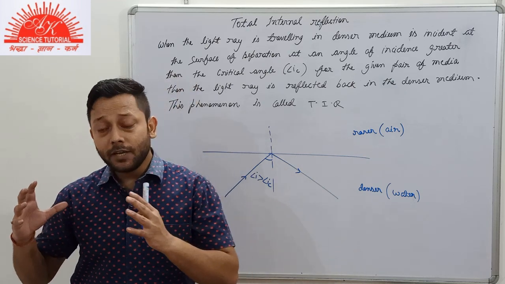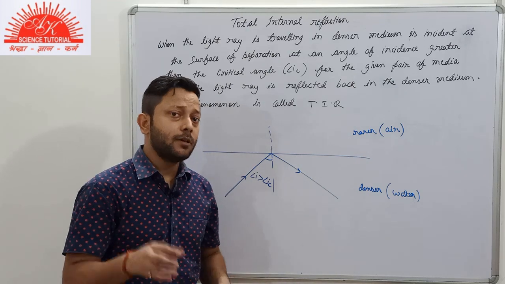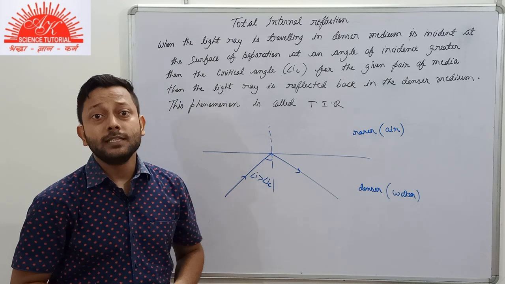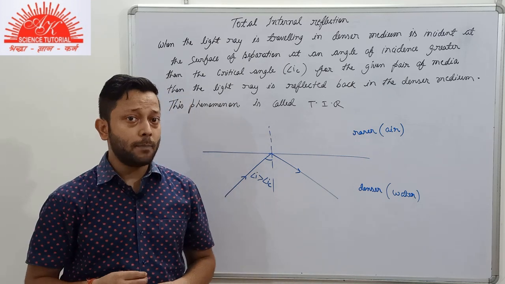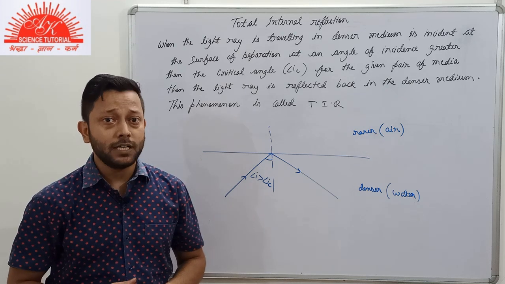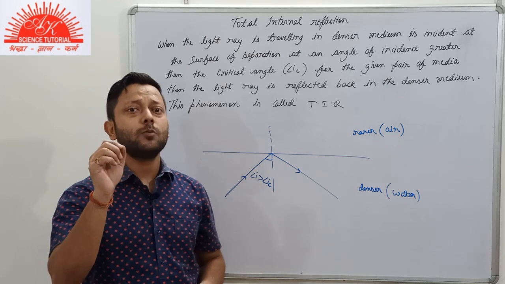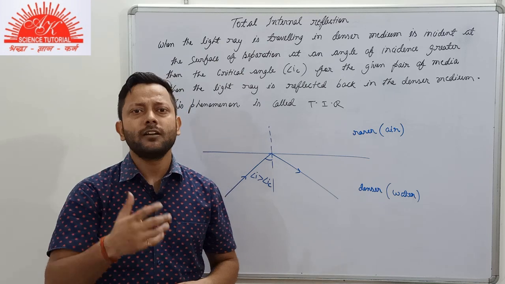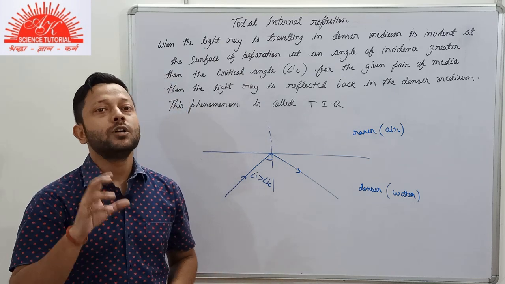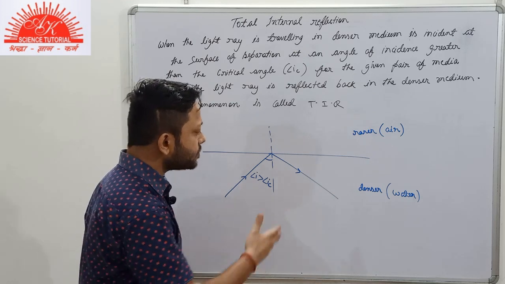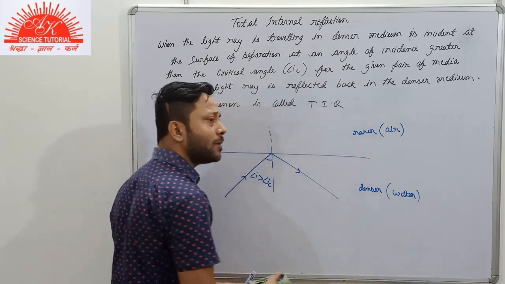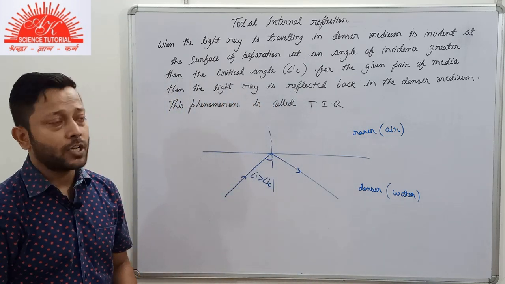If we use a prism in place of a plane mirror, then 100% of the light ray is reflected back. Total internal reflection takes place, and that is why in periscopes, binoculars, and certain cameras, we use a prism instead of a plane mirror. It might be asked to you. So this was the basic part about total internal reflection.